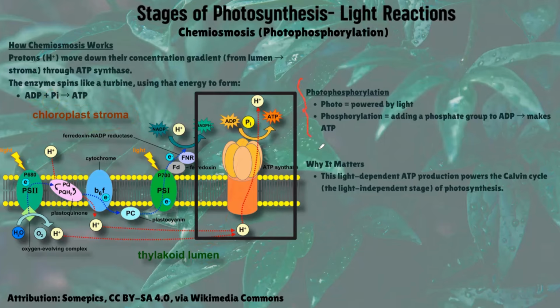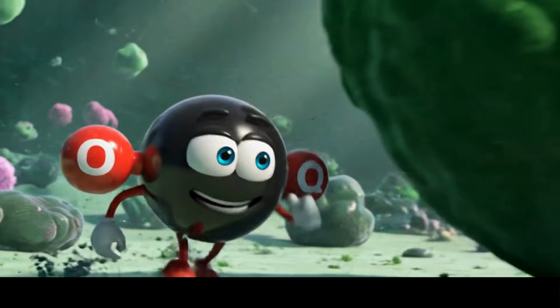Photo meaning light, phosphorylation meaning adding a phosphate. So this whole process is called photophosphorylation or chemiosmosis because we're utilizing light to pump against the gradient to produce ATP. This powers the next step, which is called the Calvin cycle or the light independent stage.